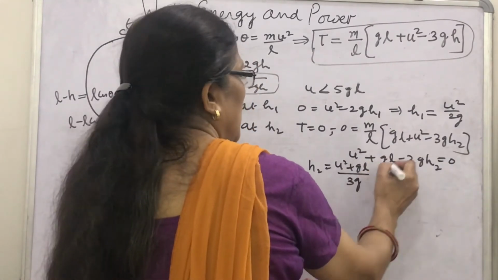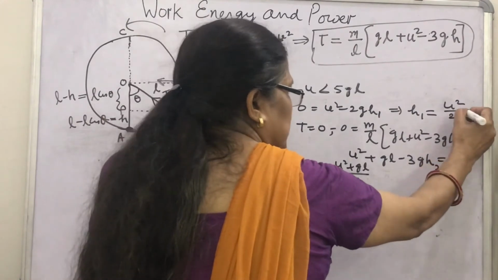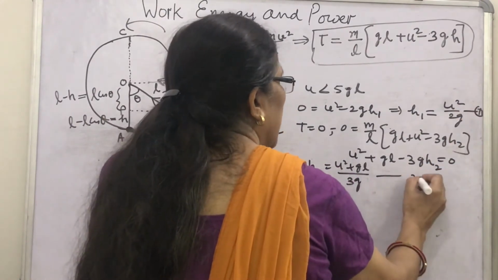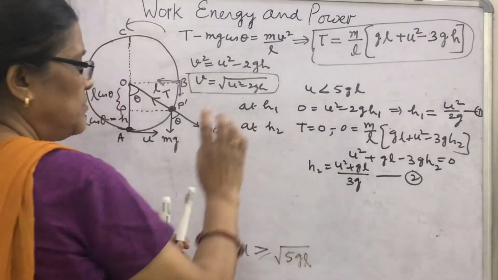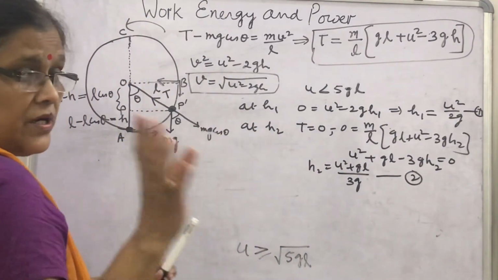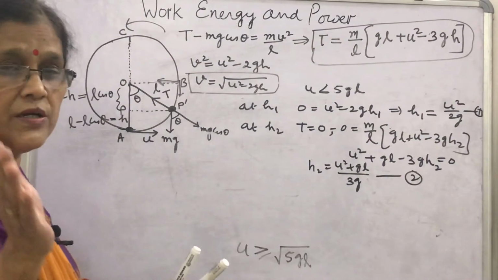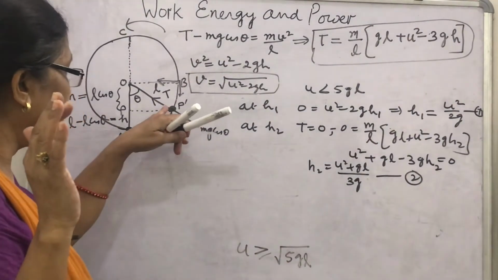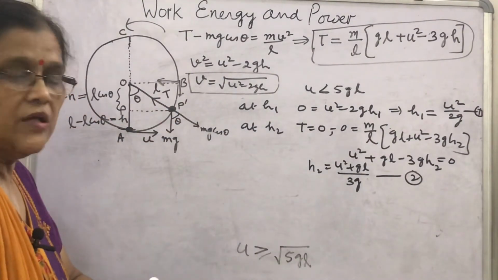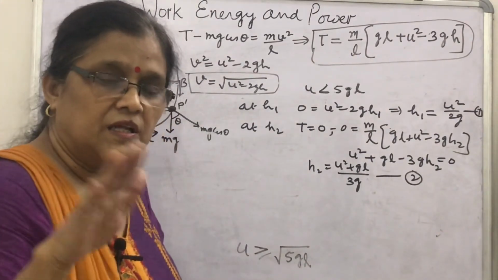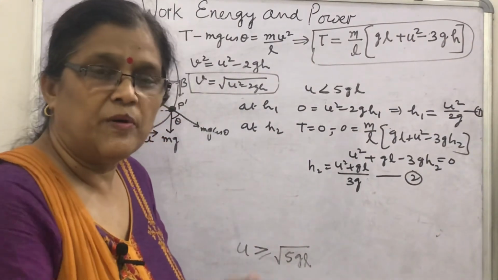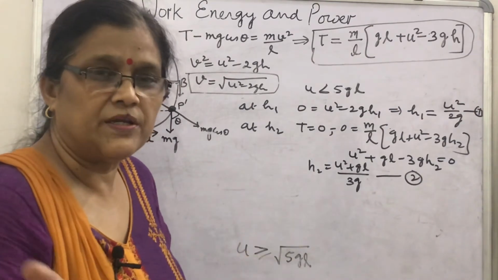Then if you find this expression, the first one and the second one, these are the heights at which velocity and tension become 0. Note down that for an object tied with a string, if the velocity becomes 0 earlier than the tension, then it will oscillate about the point A, the lowest point.